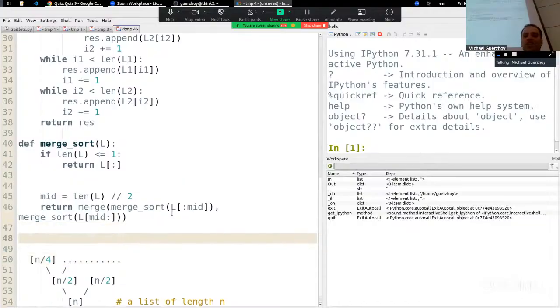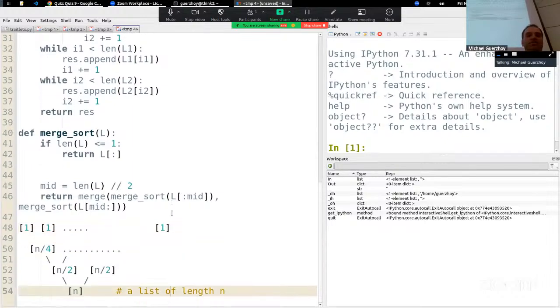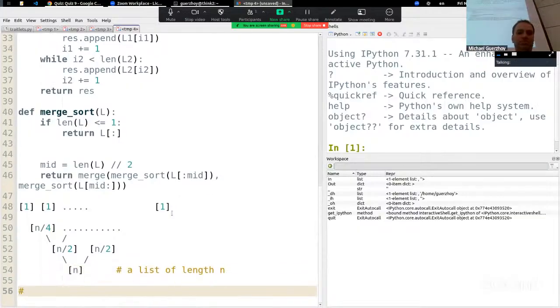And then eventually it's all lists of length 1. All right. So the first thing I'll do is I'll ask how many calls. That is not actually going to be what the complexity is. So how many calls?